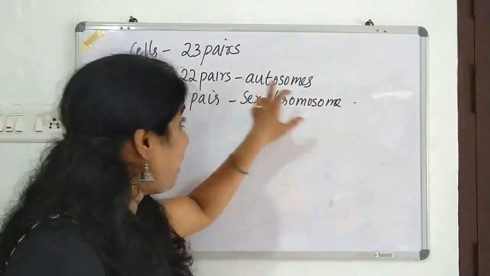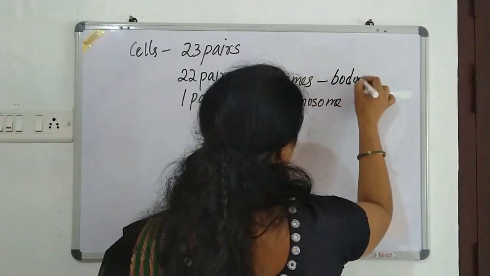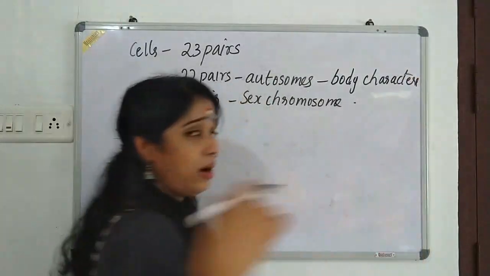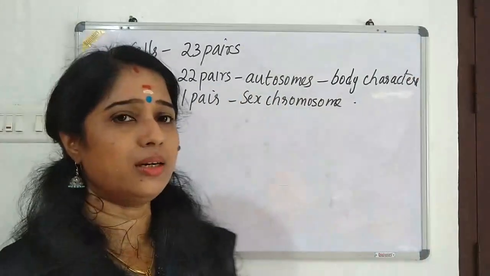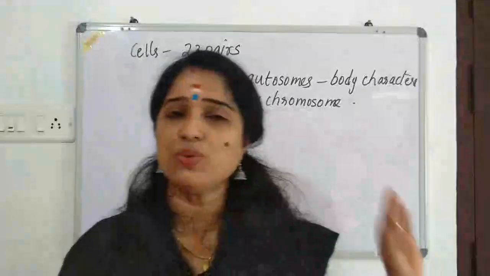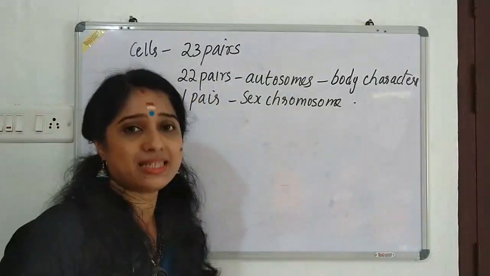Among these, 22 pairs are the autosomes. That means they control the body characters, body features. All our body features, our color, height, size, etc. are controlled by 22 pairs of chromosomes. But this one pair controls the sex.